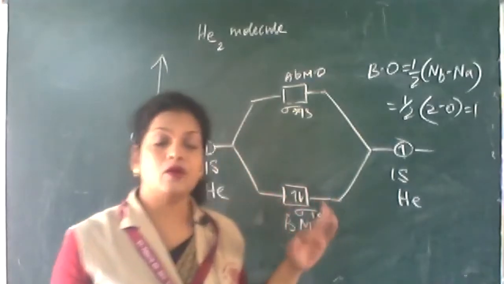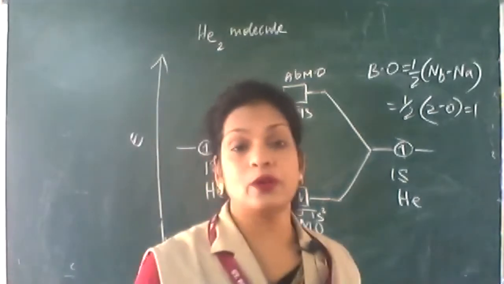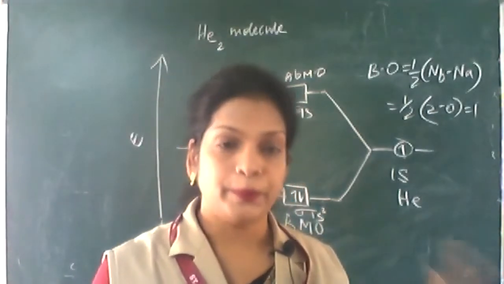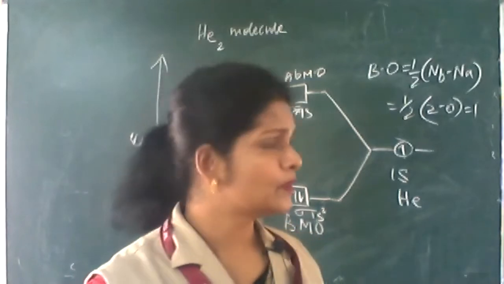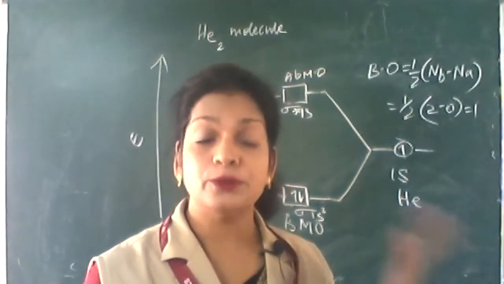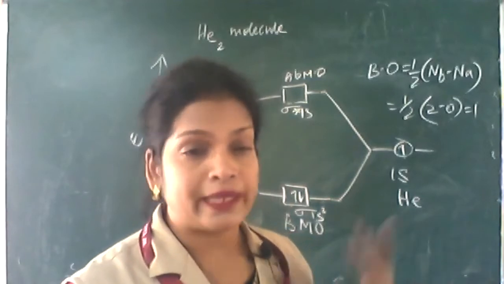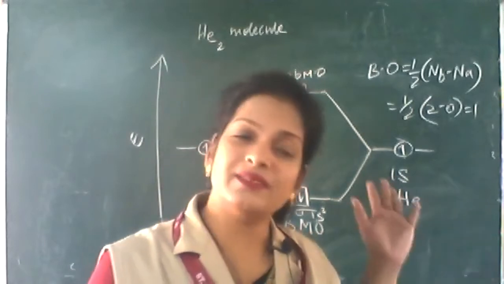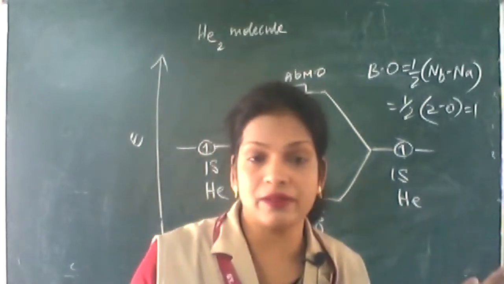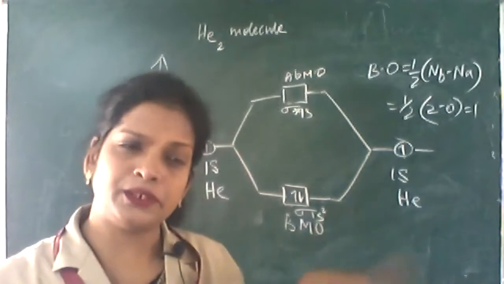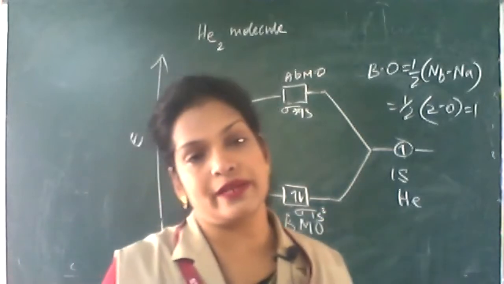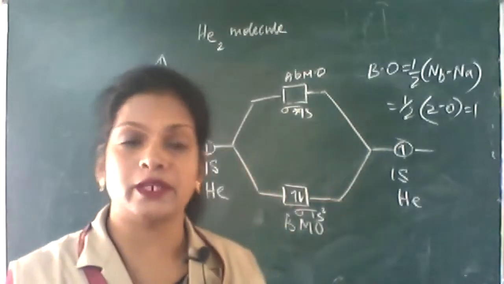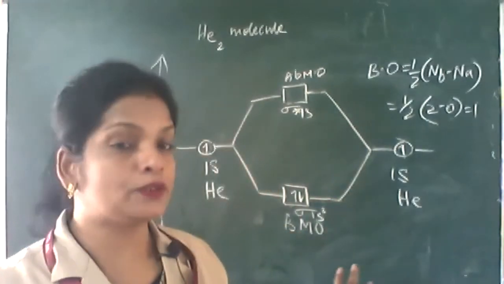We are learning only homonuclear diatomics, meaning H2, He2, Li2, Be2, B2, C2, N2, O2, F2, Ne2. Again, Ne2 will not exist. You know that these noble gases will not combine with other atoms. So He2 does not exist, Ne2 does not exist, Ar2, argon, homonuclear diatomic Ar2 does not exist. So let's go to the next.